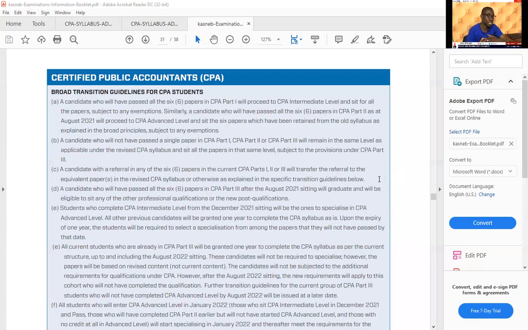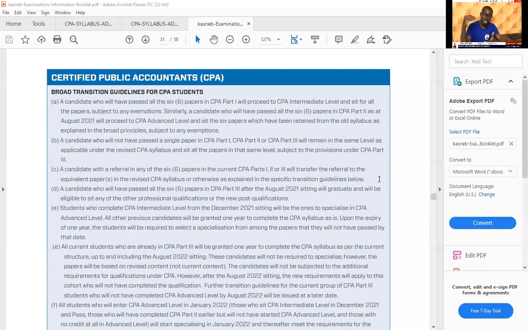So in this statement, it means that assuming you're a student and probably you had a refer, say in financial reporting, which is currently in section 3, you are going to sit for the same paper, financial reporting, but under the new syllabus, meaning the new content on this new syllabus.